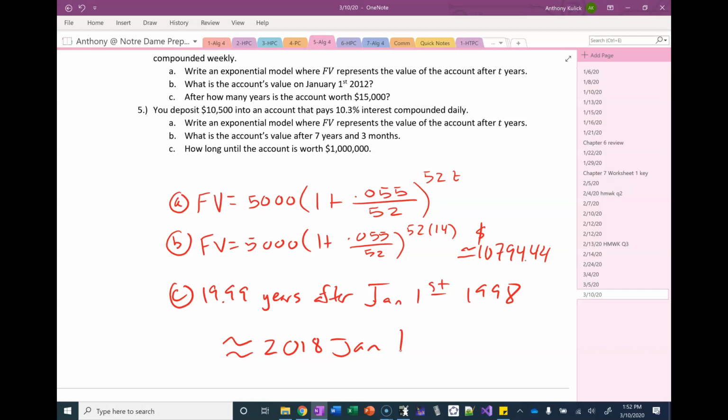Caden? Okay. So it's asking for an account value. So that's FV. That's what we're looking for. And you're given a time.